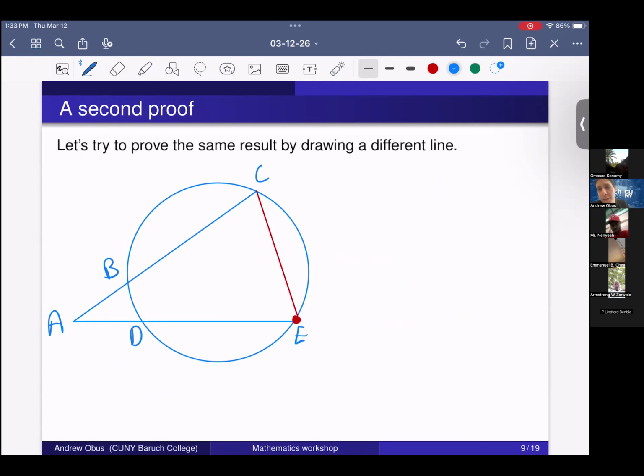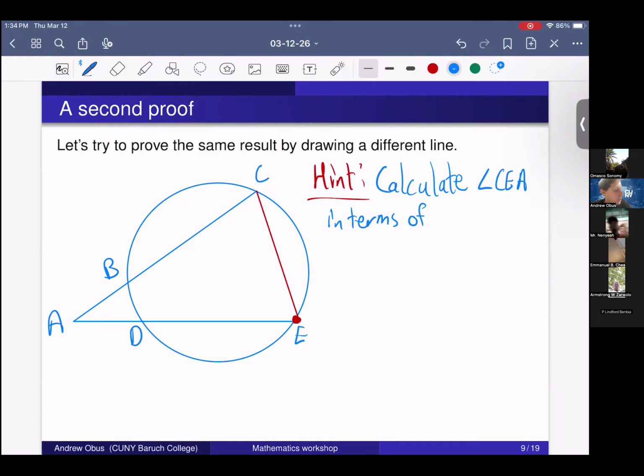And so the hint to this other proof: calculate angle CEA in terms of arc CD, and then calculate angle ACE in terms of arc BE.